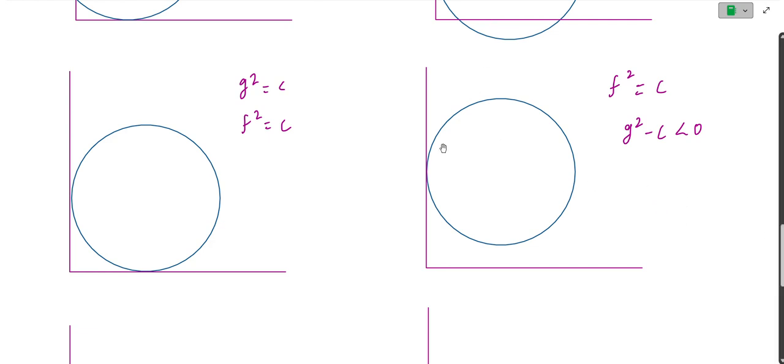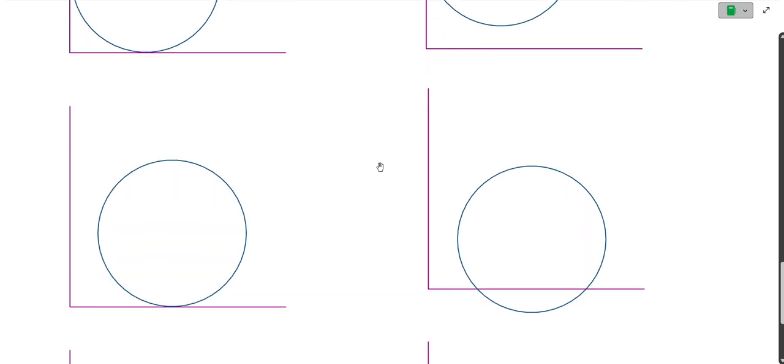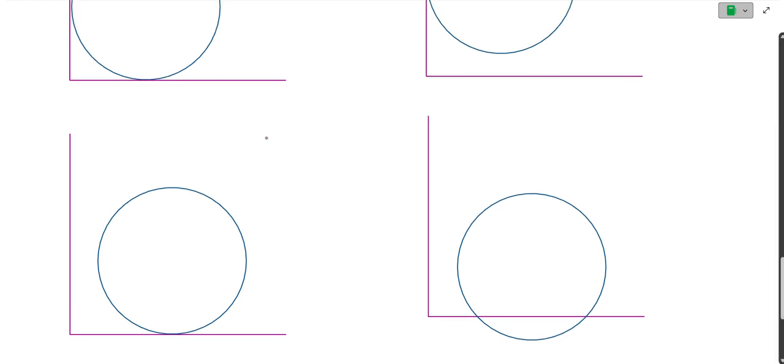I have some more cases here. In this case, the circle is touching the x-axis. The x coefficient is 2g, so g square should be equal to c. And the circle is not touching or intersecting the y-axis, neither touching nor intersecting.